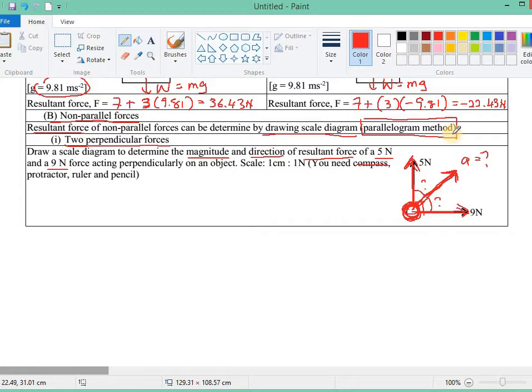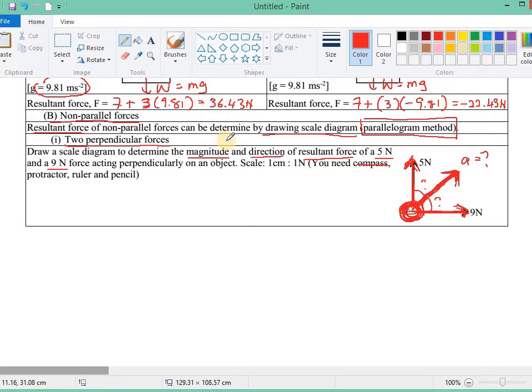So we have a 5 Newton force and a 9 Newton force acting on this object, and this object will accelerate in this direction. So if we want to find the resultant force, basically what we need to do is find one single force that can make this object accelerate in this direction, with the same effect as these two forces.